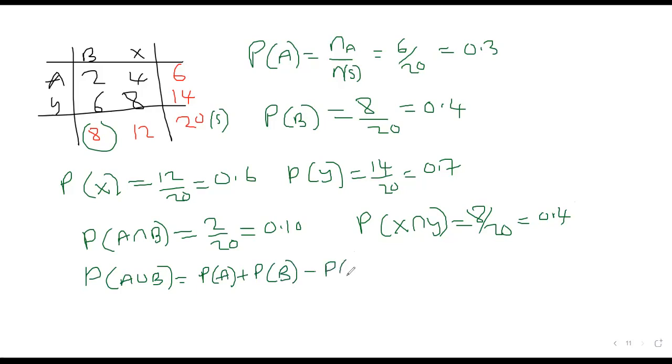What's the probability of B? And what is the intersection? A was 0.3. B was 0.4. And the intersection, 0.1. The total is 0.6.